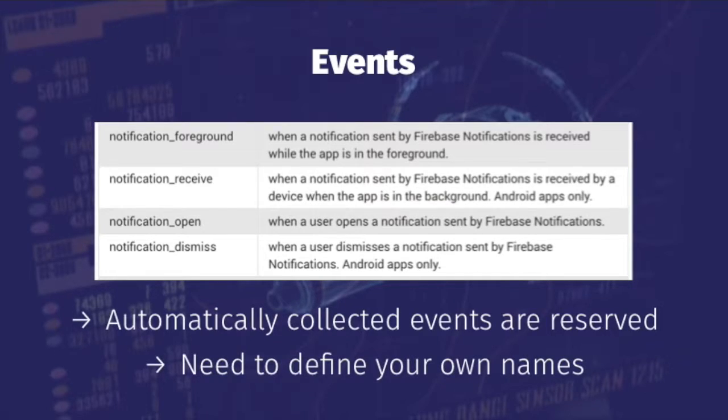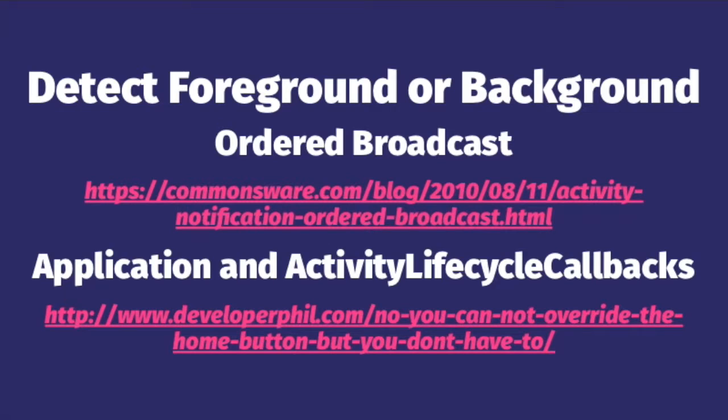So let's look at the first 2 about receiving the notification, foreground and receive, and see how we would implement that. Fortunately, other smarter people than me have figured out the best ways to detect whether your app is in the foreground or background. Mark Murphy has a good article using something that's not well known called ordered broadcast. It's really old, but it's a good way to implement foreground or background detection.